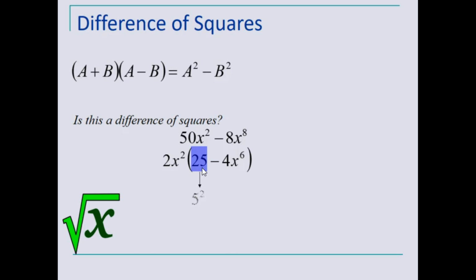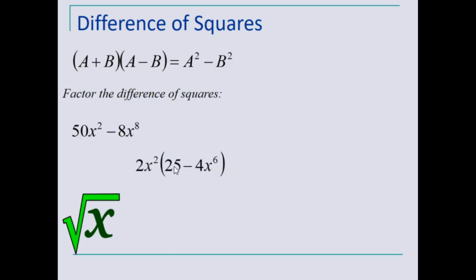First term, 5, quantity squared is 25. For our 4x to the 6th, 2x to the power of 3, that monomial squared is 4x to the 6th. It's a difference between the two, and so we will be able to factor our remaining polynomial after the factorization of the largest common factor.